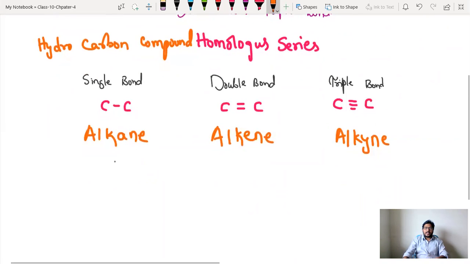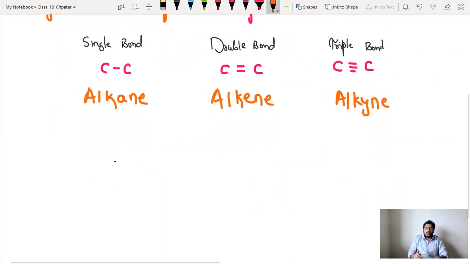Now alkane, alkene, alkyne are three homologous series. Alkane means single bond in hydrocarbon compound. Alkene means double bond in hydrocarbon compound. Alkyne means triple bond in hydrocarbon compound.